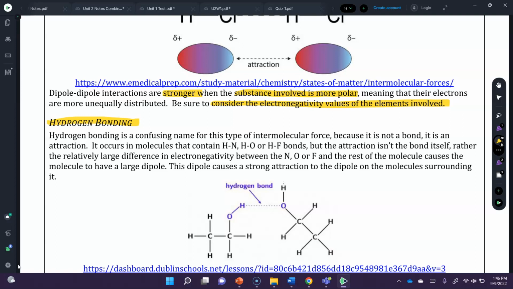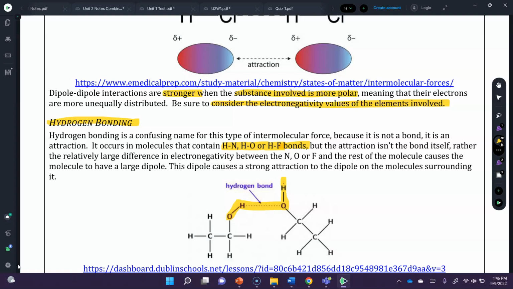It occurs in molecules that contain hydrogen to nitrogen, hydrogen to oxygen, or hydrogen to fluorine bonds. Nothing else. The hydrogen bond interaction is when those are interacting. OH to OH, NH to OH, any of those. It has to have both of them interacting for it to be considered a hydrogen bond.